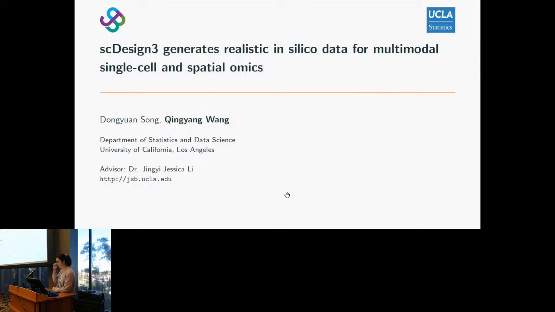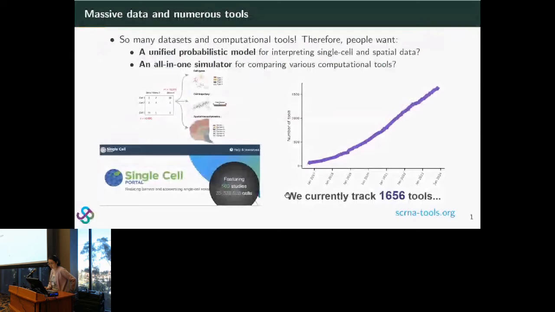For today's talk, I will focus more on the motivation and a detailed introduction of the functionality of our simulator. For the introduction, as we all know, in the single cell field, we already have massive datasets and various computational tools.